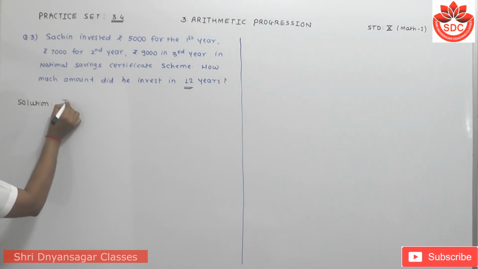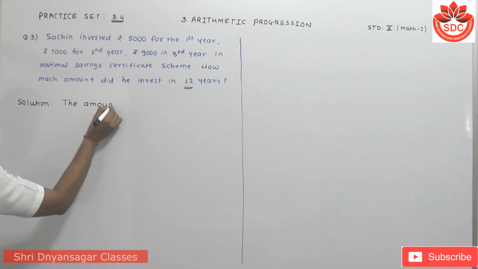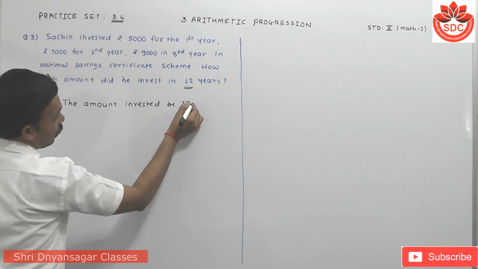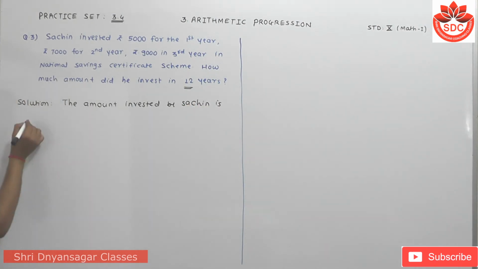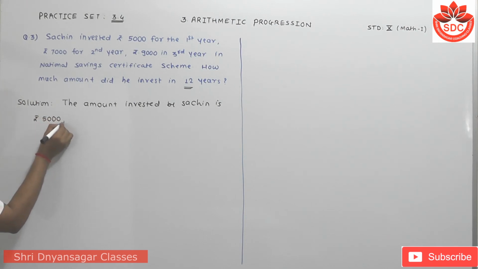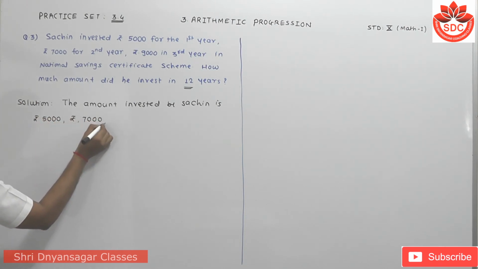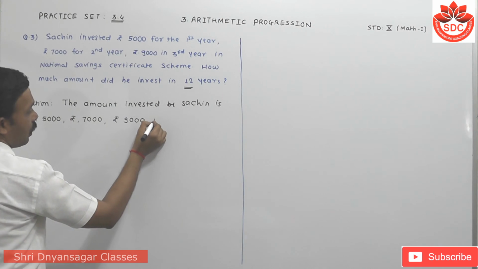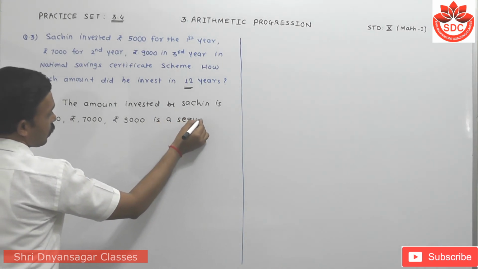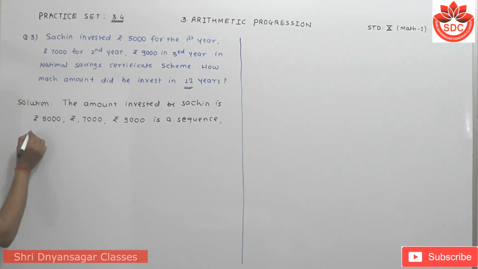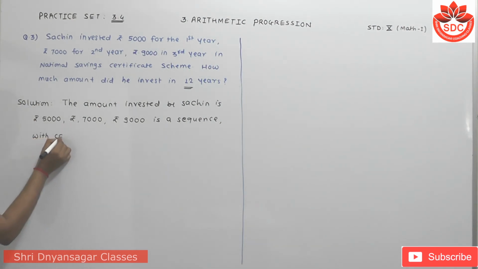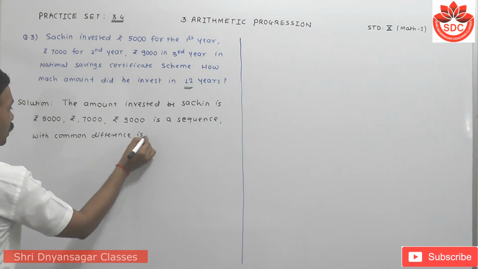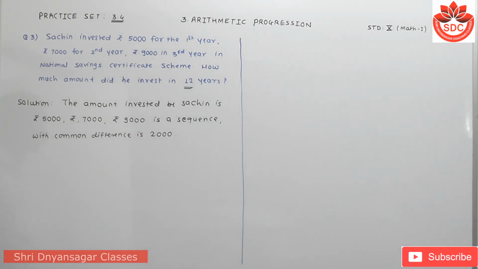Now its solution: the amount invested by Sachin is rupees 5000, rupees 7000, rupees 9000, which is a sequence with common difference 2000.